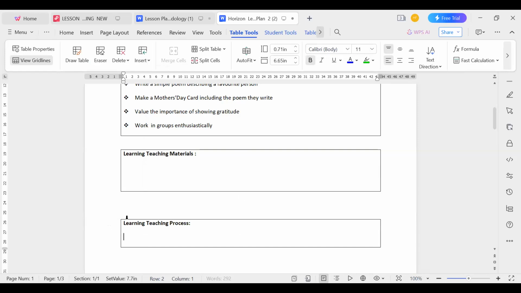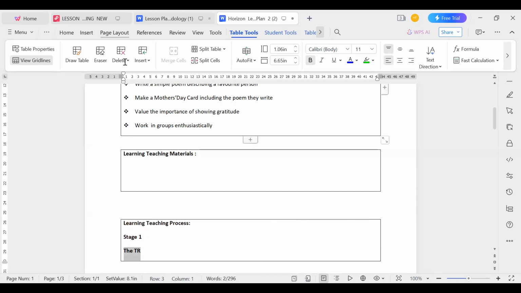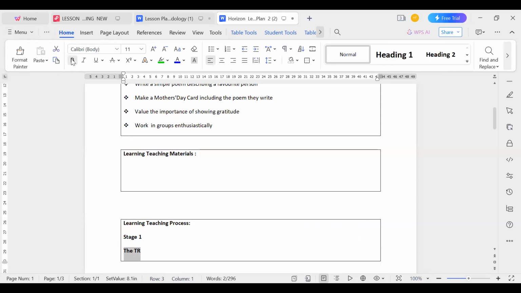In the learning teaching process, what is your stage 1? In stage 1, the teacher, TR, this is accepted. You can use this term anywhere, the teacher. Make it bold. It's the stem. You put it like that.